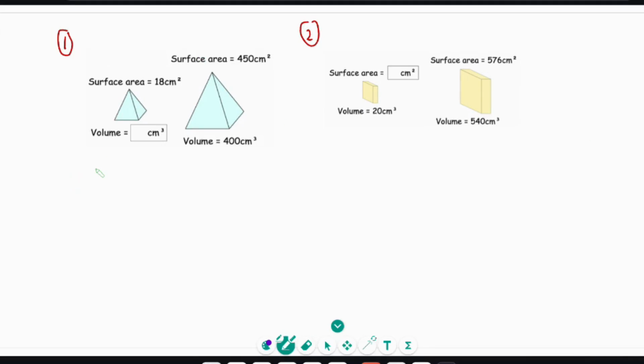Okay, have a go at these 2 questions. Put me on pause and unpause when you're done. So we know an area and we know an area. So we can find scale factor for area. 25.